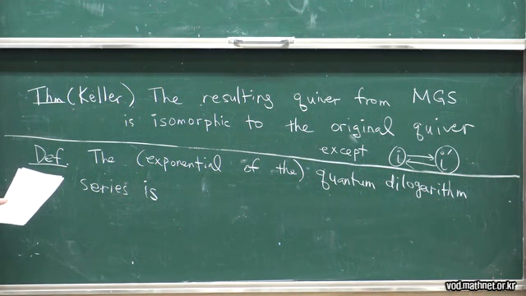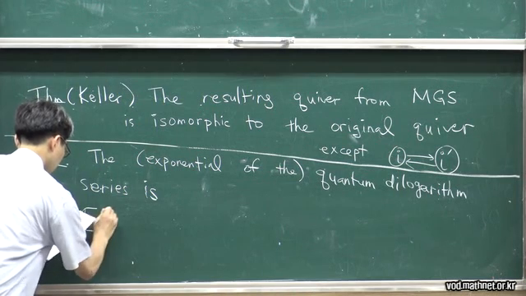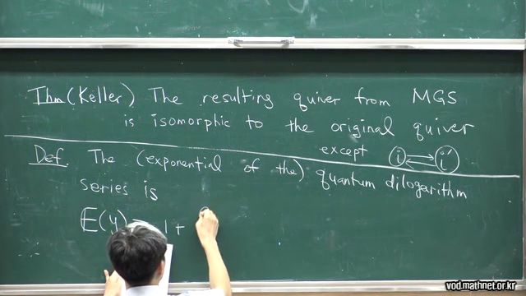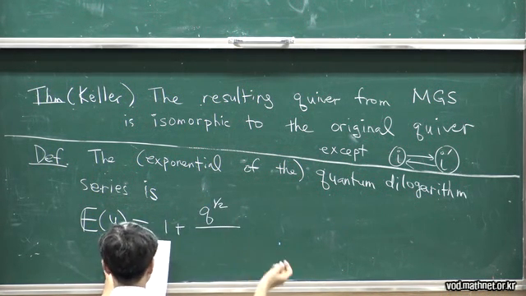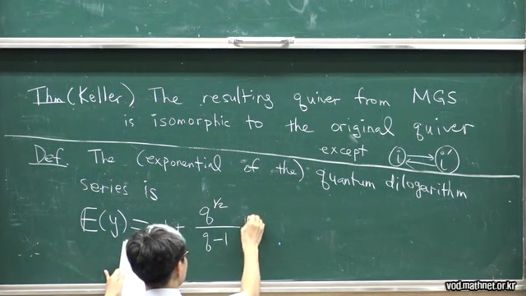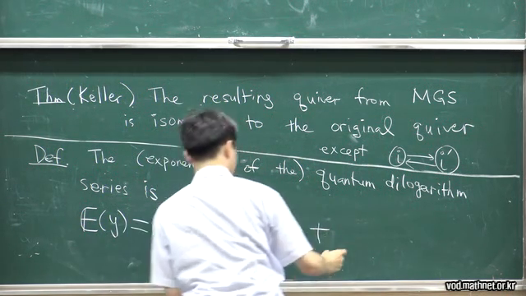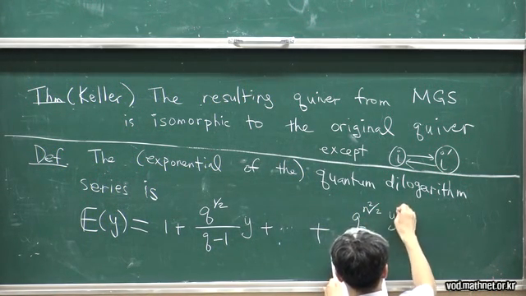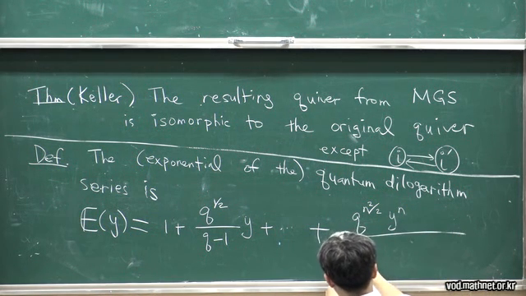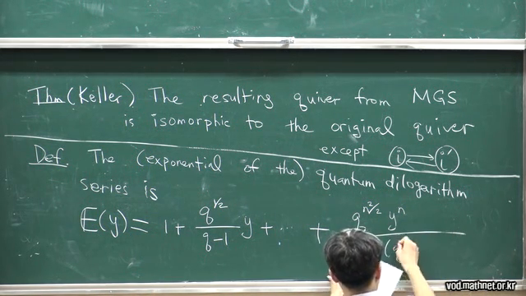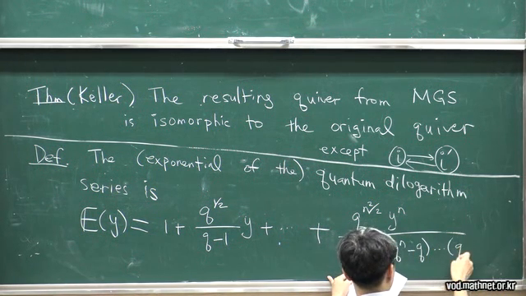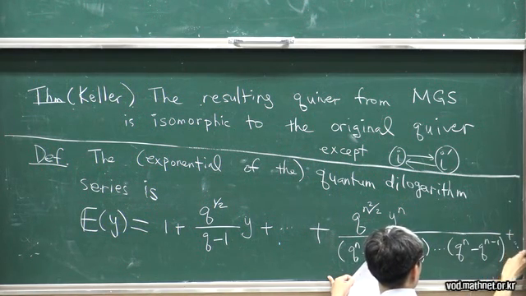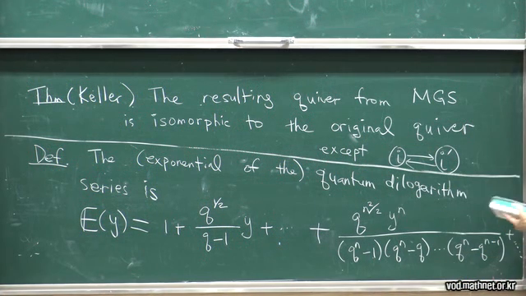So this is a certain generating function looking like a series like this, q^{n^2/2} y^n. So this is really a series. It has infinitely many terms.